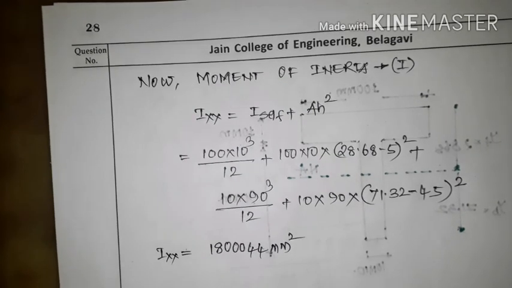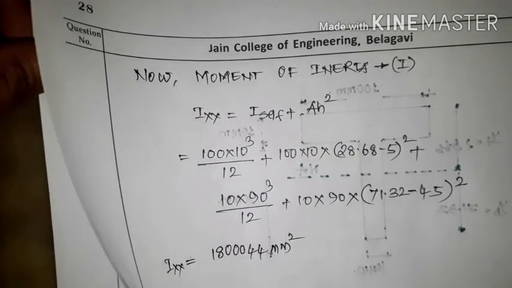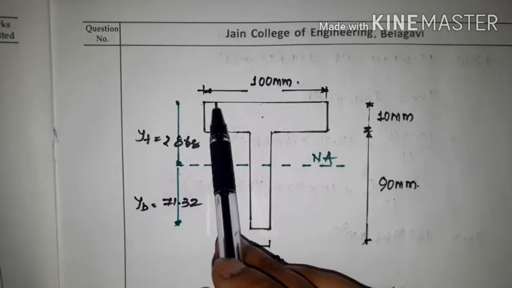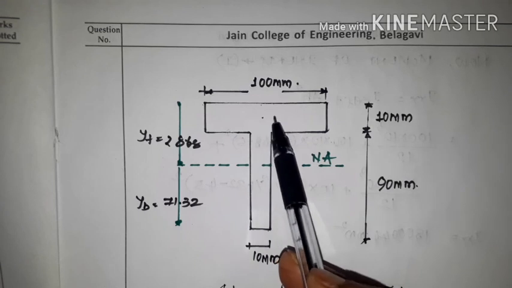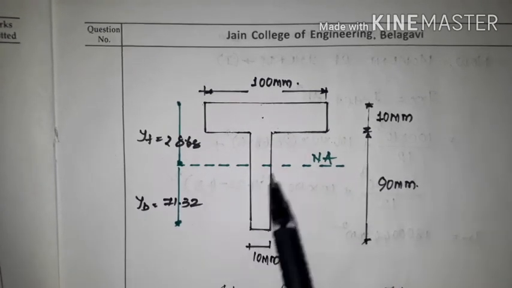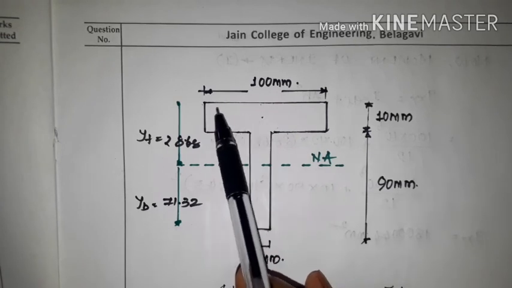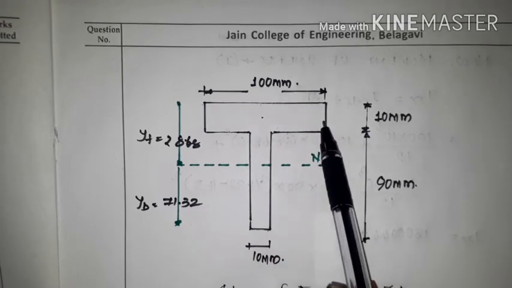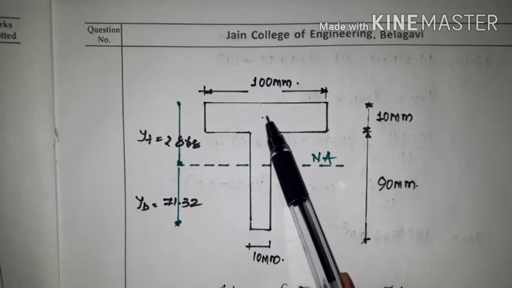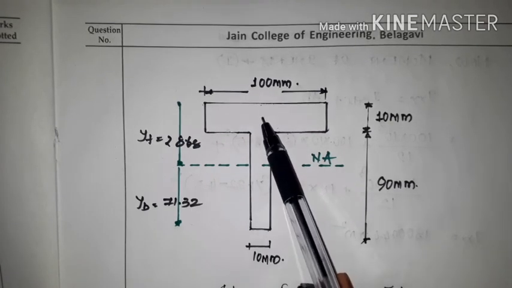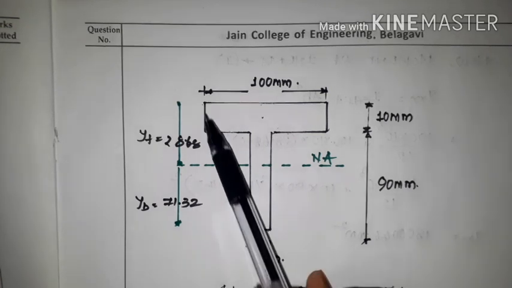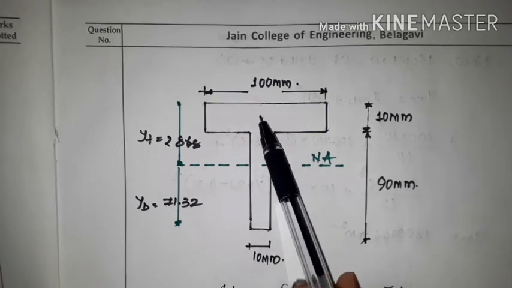Okay, I'll explain with respect to the figure again. We have divided into two parts, the flange and the web. For the flange, it is 100, that is BD cube by 12, so 100 into 10 cube by 12, and H is from the center of the flange to the neutral axis, so that is 28.68 minus 5.